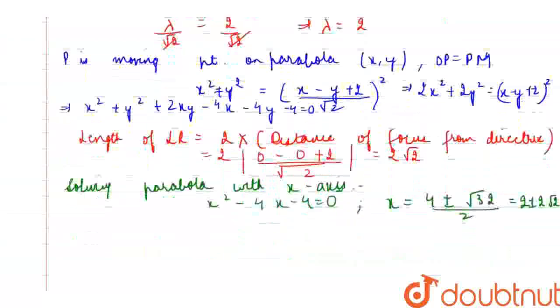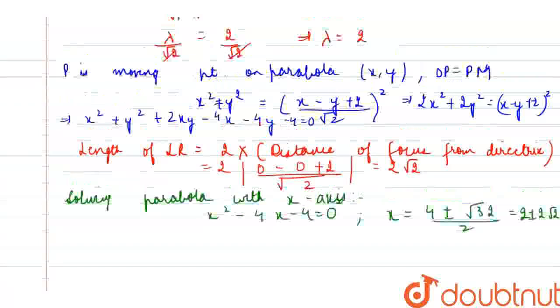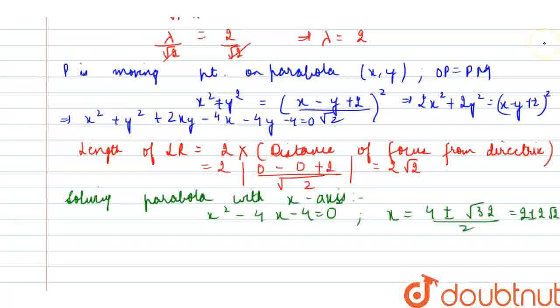So this is the value of x that we have found out. Therefore the length of the chord on the x-axis would be 4 root 2 units.